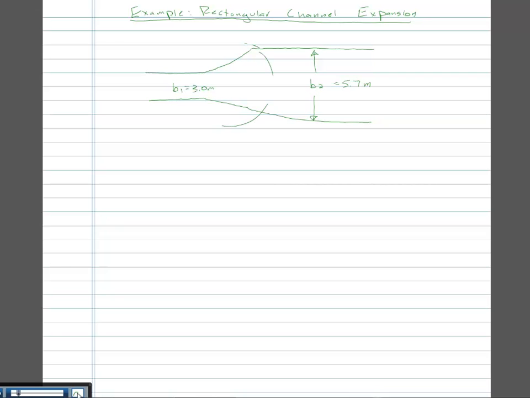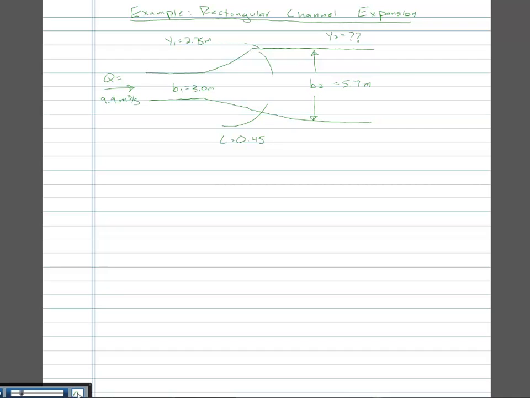And through the transition, we are given that there is a coefficient of loss of 0.45. The initial flow depth is 2.75 meters. The flow rate is 9.9 cubic meters per second. And so essentially what we're trying to find out is what is the new flow depth downstream because of this transition.